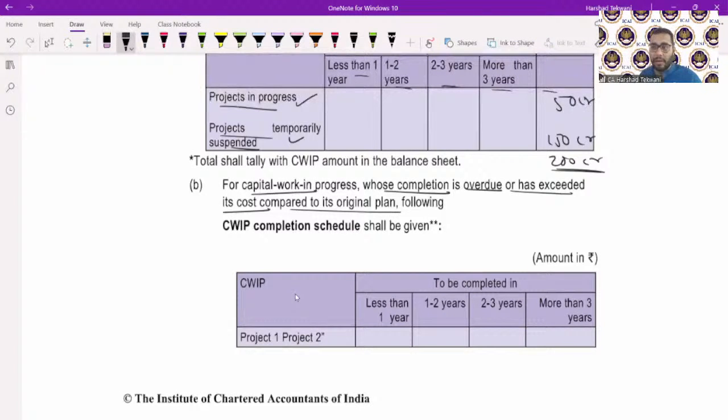Then the company needs to disclose that it is overdue and has exceeded the planned cost. Let's say I planned a cost of 3 CR, but it has now become 10 CR. It is a concern, and that concern is required to be disclosed in the balance sheet in the format given over here.